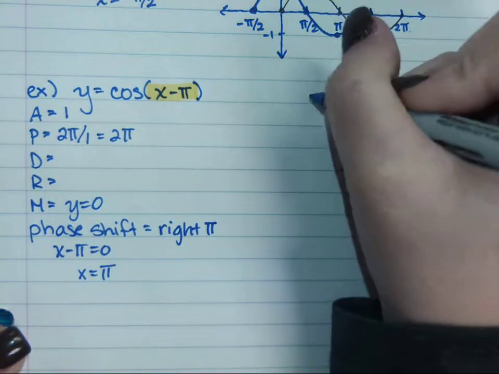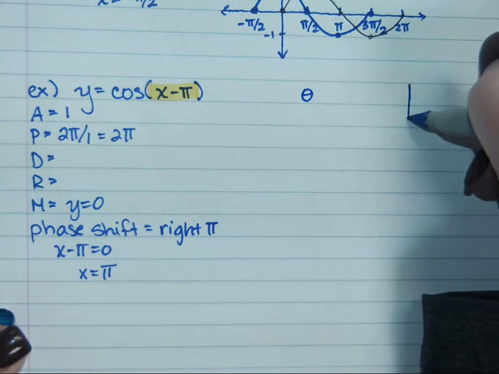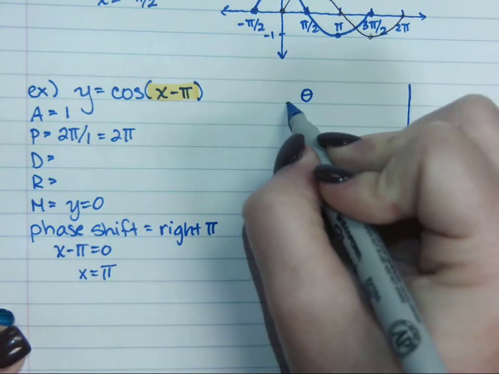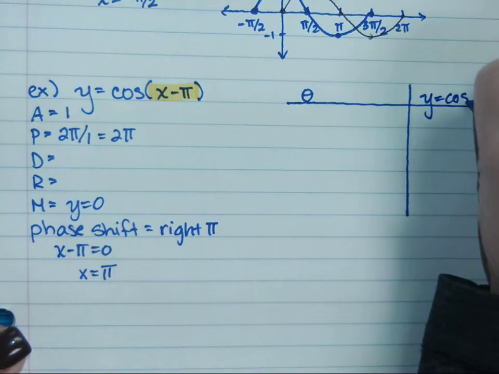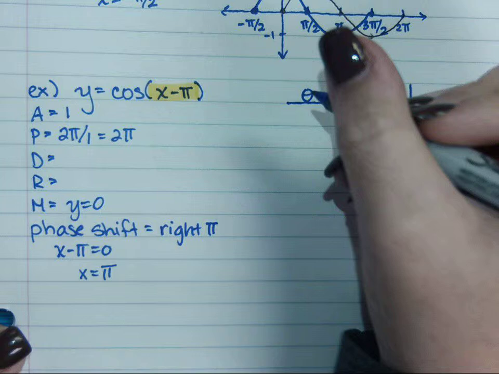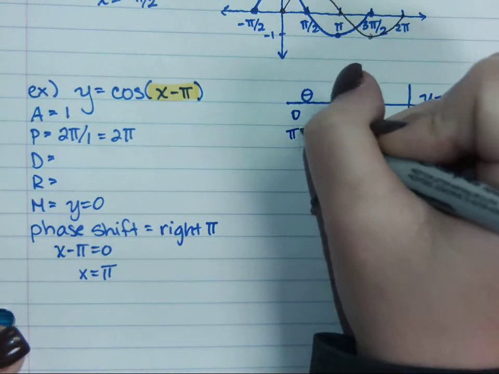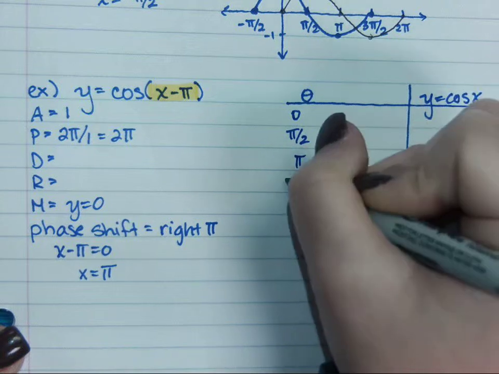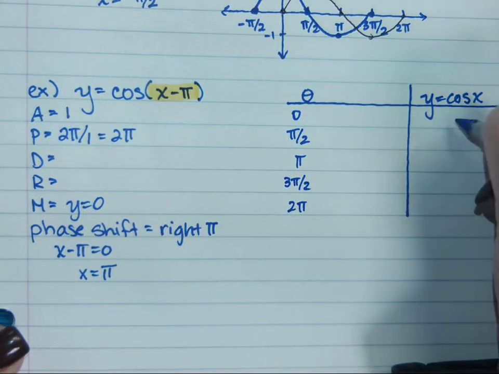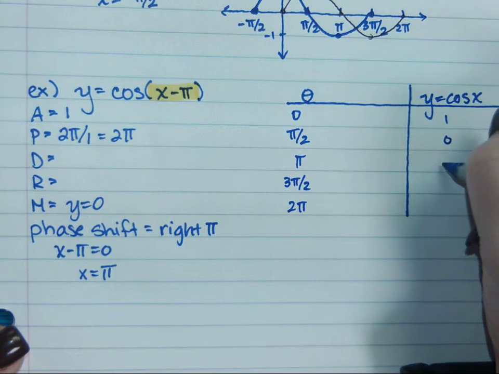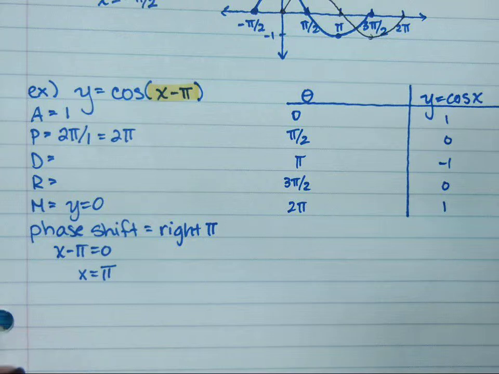Okay. So again, I'm going to give myself more space this time for my theta. So y equals the cosine of x. So normal theta values, 0, pi over 2, pi. Do your normal theta values and your normal cosine values.